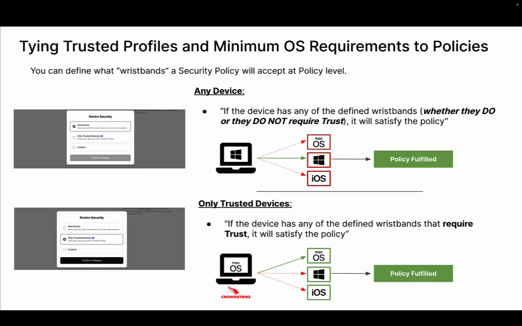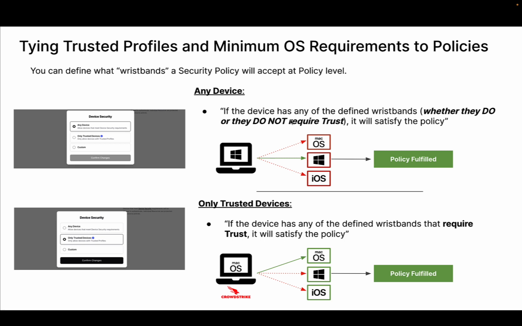Let's tie all of that back to the policies themselves, right? We talked about how if you create a policy and you define the policy as requiring any device, then the device will need to fulfill minimum OS requirements that don't require trust, that don't need to be verified.